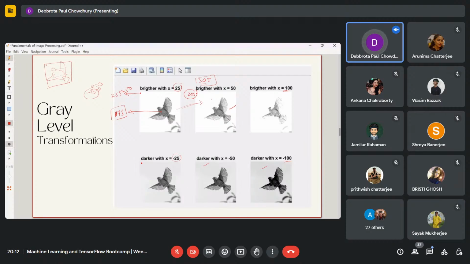And if we subtract 25 from each and every pixel, we'll get this one. This is what actually happens when we increase or decrease the brightness in our TV or mobile phone. Just brightness. Okay?